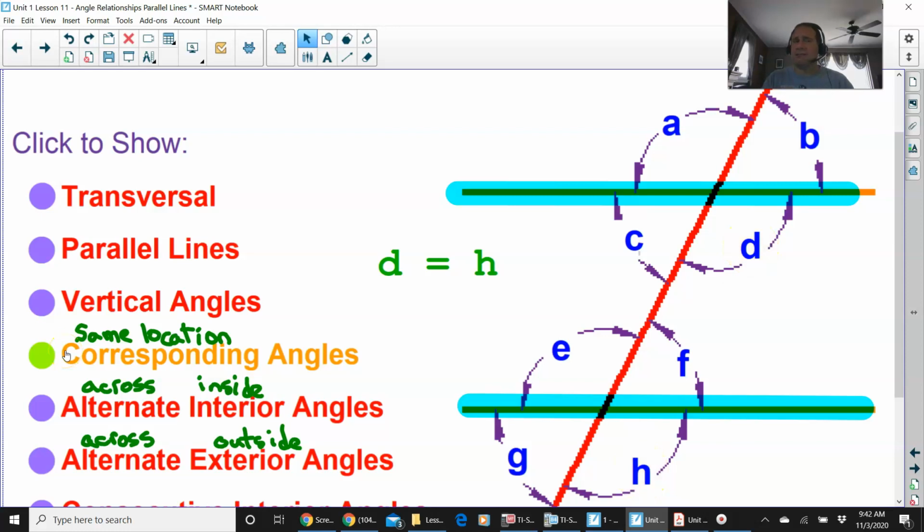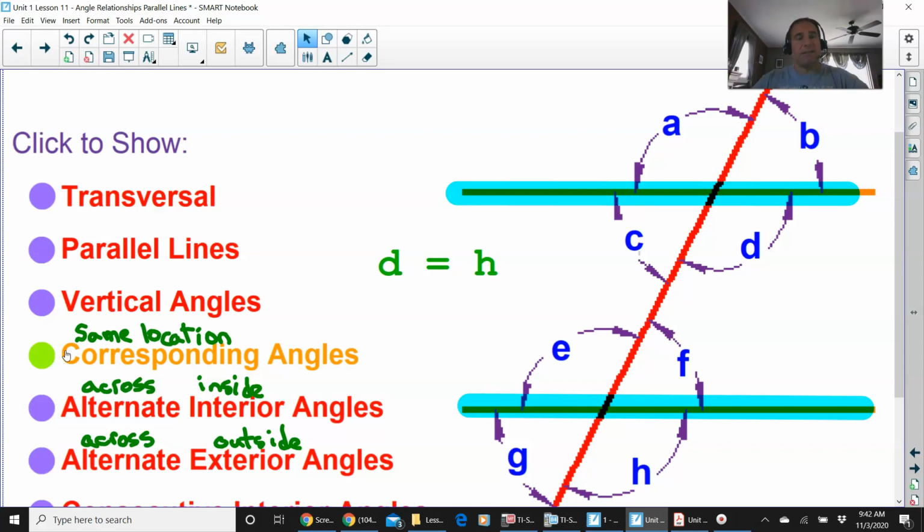The only thing this doesn't talk about is supplementary angles, and this does not cover it. But supplementary angles, very, very important. You already know supplementary angles equal 180 degrees. So I want you to understand, or write down somewhere, that supplementary angles is one acute angle plus one obtuse angle.